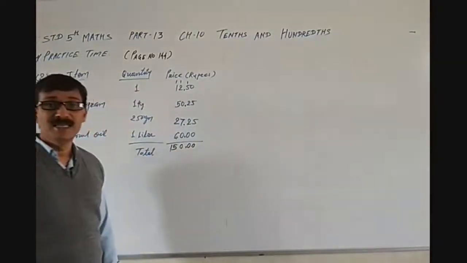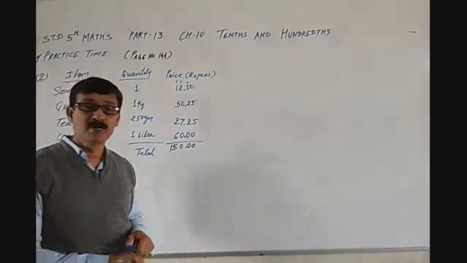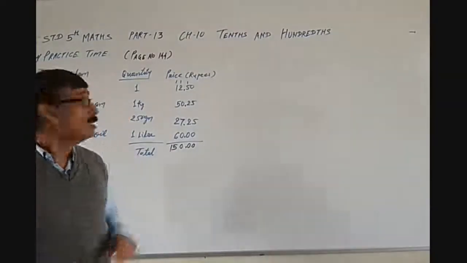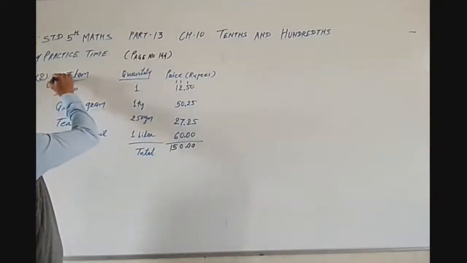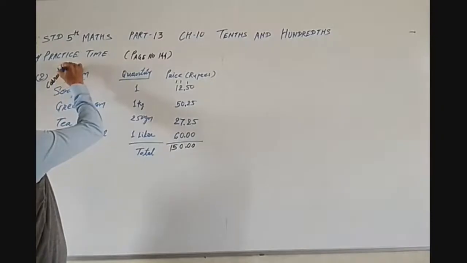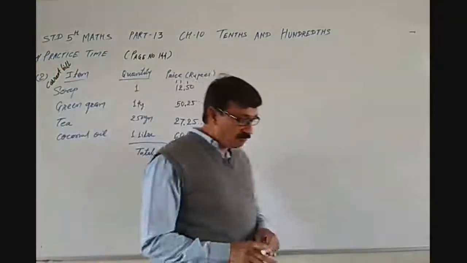So the total amount of the bill is 100 rupees and 50 paisa. This is the correct bill. Okay, now let's go further.